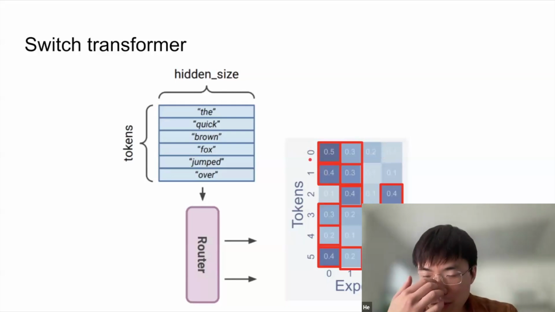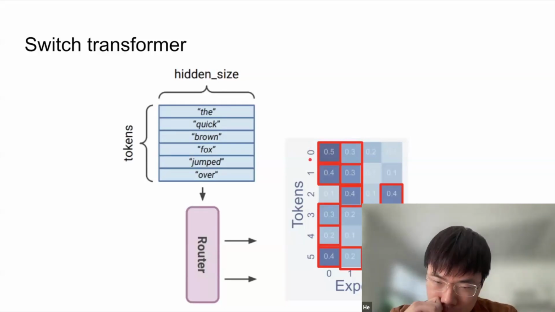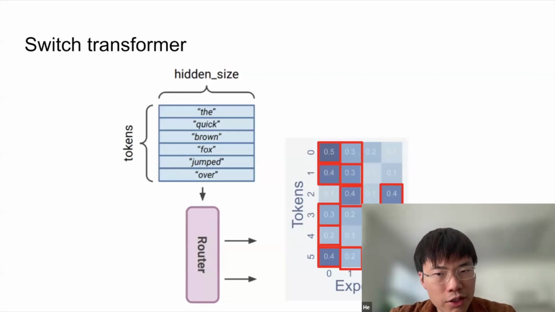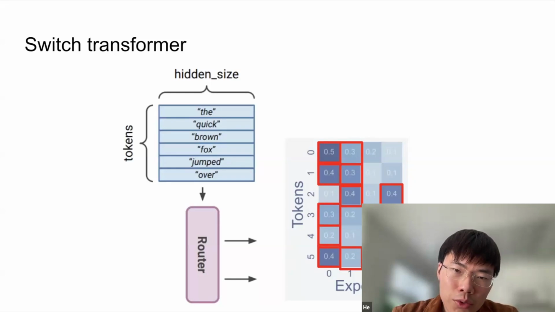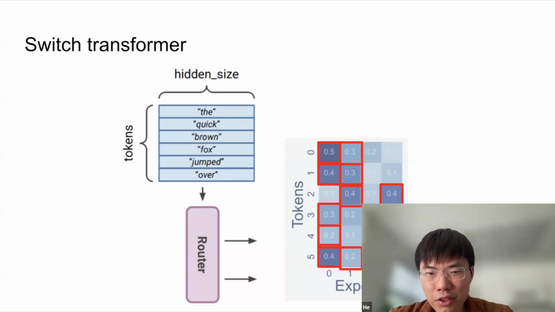You might ask a question like why do we do the softmax on the expert axis instead of the token axis? This is primarily because of the next token prediction nature of autoregressive models. If you take the softmax across the token axis and select top K tokens for each expert, it will be perfectly balanced, but you would look into the future, which means you need to have the full sentence when you're doing the softmax, which doesn't make sense for an autoregressive model because it doesn't know the future tokens.